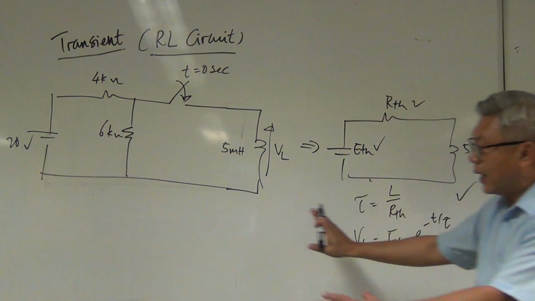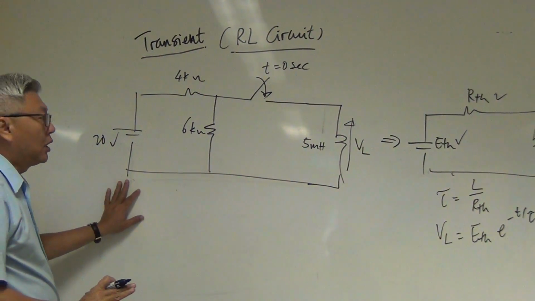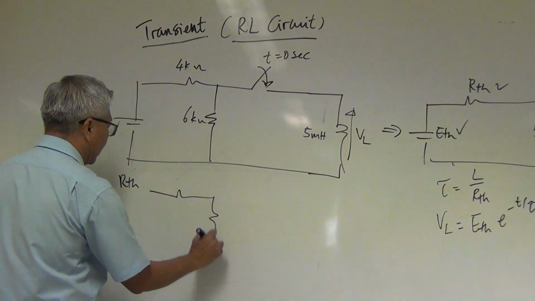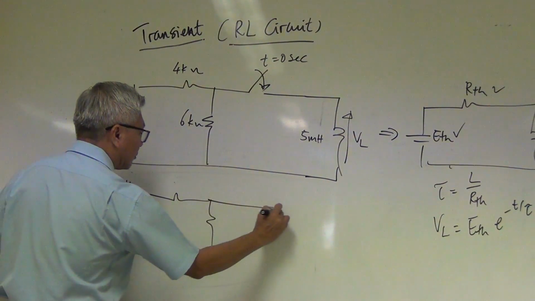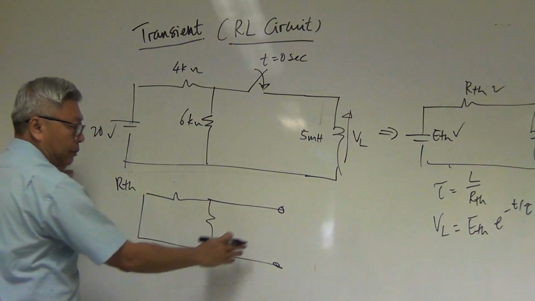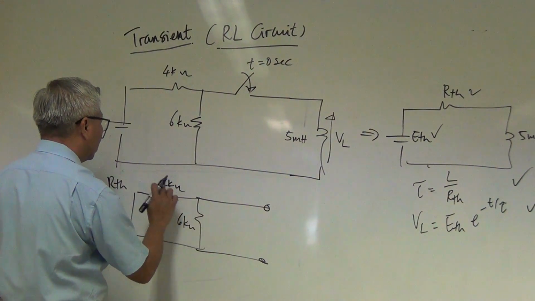Right? So now let's revise on how to use Thevenin's theorem to find ETH and RTH. When we do RTH, draw the circuit exactly how it looks. By removing the inductor, this becomes the two terminals. So here is 4 kilo ohm, here is 6 kilo ohm.